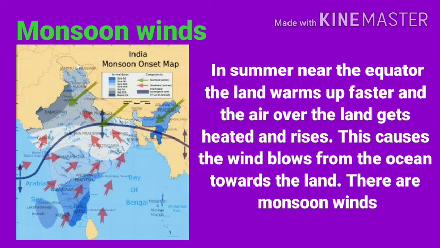It flows from the land to the ocean. During winter, the wind blows from the land to the ocean, and that wind brings water and rain. That is the monsoon rain, my dear.